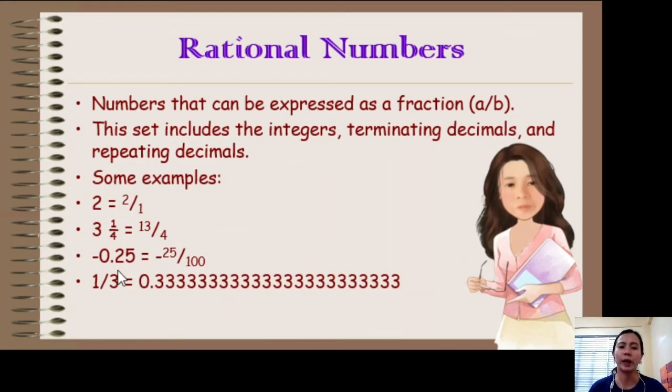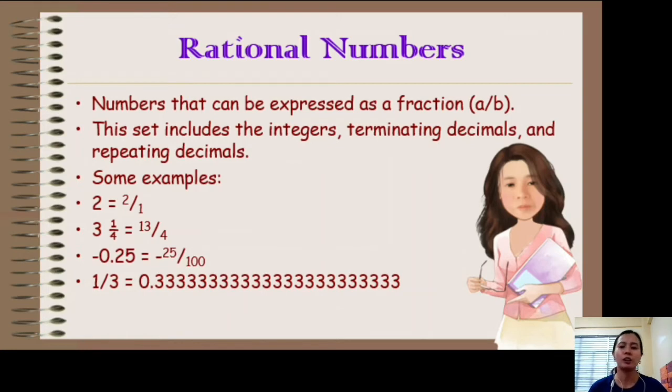Negative 25 hundredths, that is a decimal. You can see that it is a terminating decimal. So in fraction, it can be written as negative 25 over 100. Look at the last example, 1 over 3 is 0.3333, and so on. You can see it is a repeating decimal.